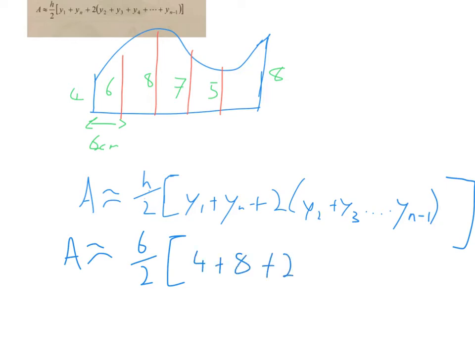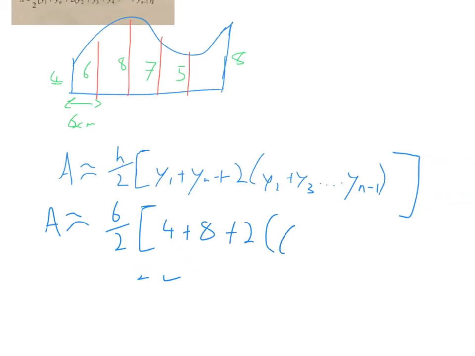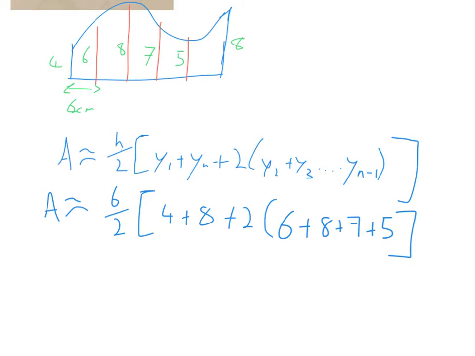We're also going to add 2 times the sum of all the in-between terms. So 6, 8, 7, and 5. So 2 times the sum of all the terms, 6 plus 8 plus 7 plus 5. Now all that we have to do to get the approximate area is just solve this out.